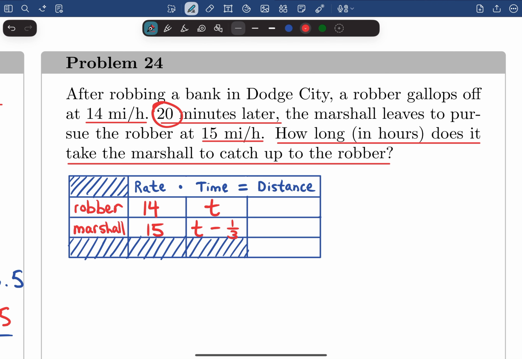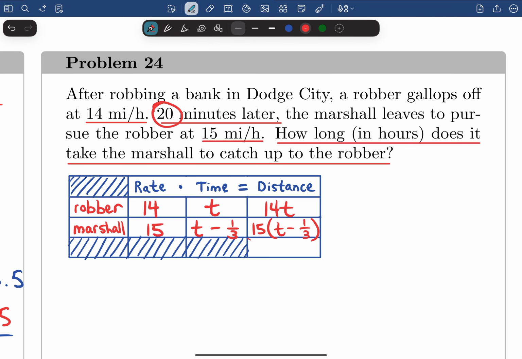Okay, let's try subtracting. So at this point, we are going to have 14t for the distance of the robber, and then 15 times t minus 1/3 for the total distance of the marshal.